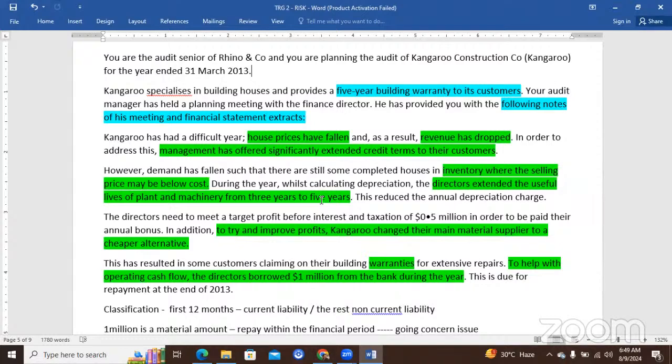But the standard does not blanketly allow directors to revise useful life. There should be a rationale for such revision.